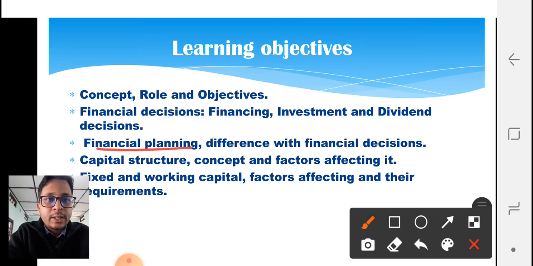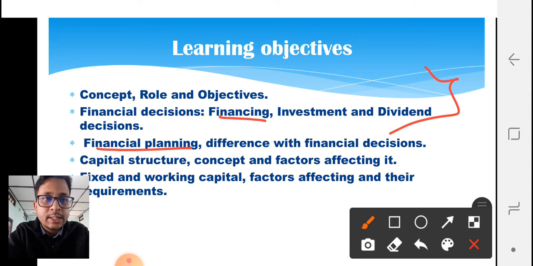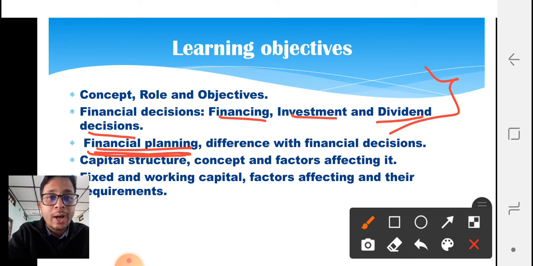Next we'll be discussing financial planning. There is a difference between financial management and financial planning. These three decisions usually come under the purview of financial management, but financial planning has a much bigger, wider scope.